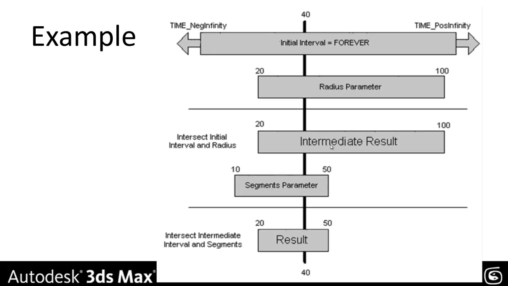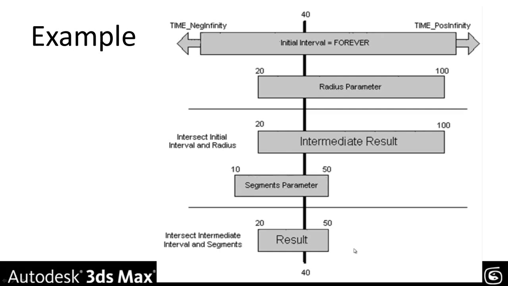So that gives you the result of 20 to 100, and then the interval is intersected with the segment parameter, which is from 10 to 50. The result of this intersection gives you 20 to 50. So this is the intersection of both.